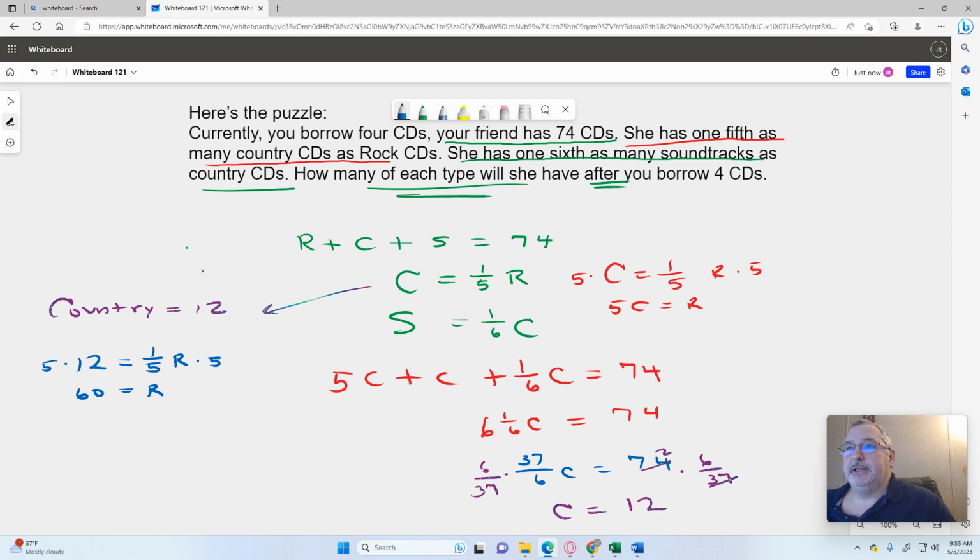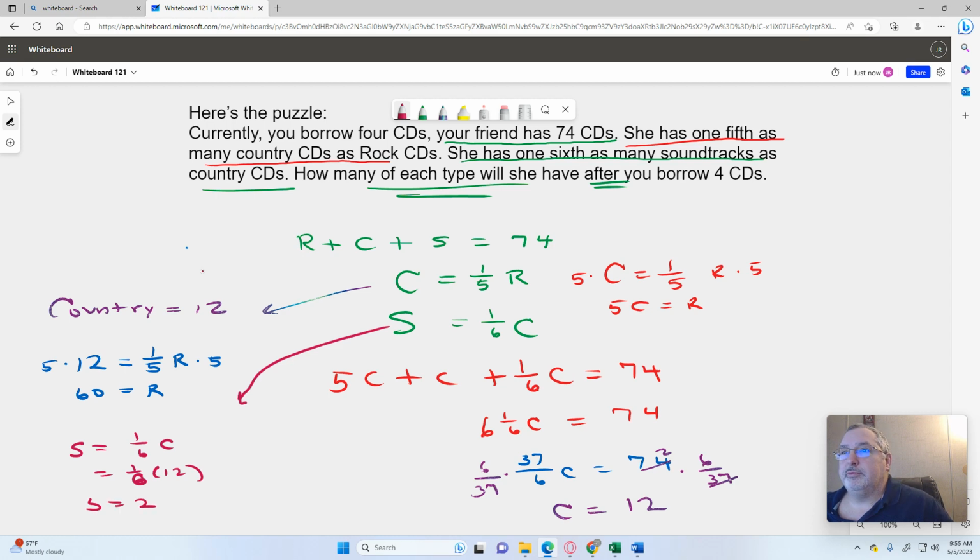So I got R. Now I'm going to go to my last equation right here. I know that soundtracks equals 1/6 C. Well, I know C is 12. So 1/6 times 12. So I know that S is 2.